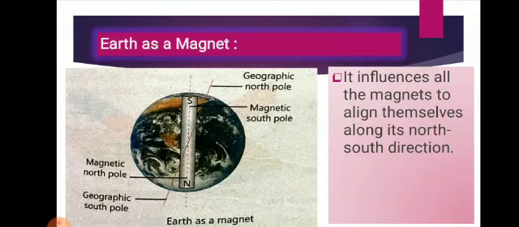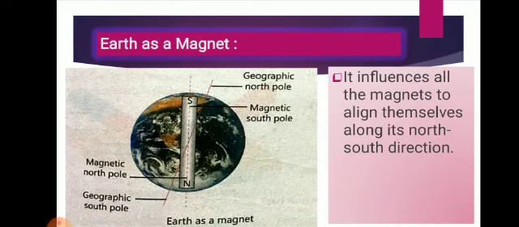An imaginary buried magnet is slightly tilted from the polar axis of the earth. See in the diagram: the magnetic south pole is towards the geographical north pole, and the magnetic north pole is towards the geographical south pole.